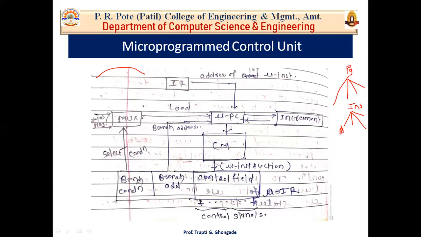So a program is a set of instructions. An instruction requires a series of small operations called micro operations, and to perform micro operations you need to produce control signals. To produce these control signals there is a set of micro instructions. Instructions contain micro operations, but to perform these we need control signals, and to generate control signals we need micro instructions.